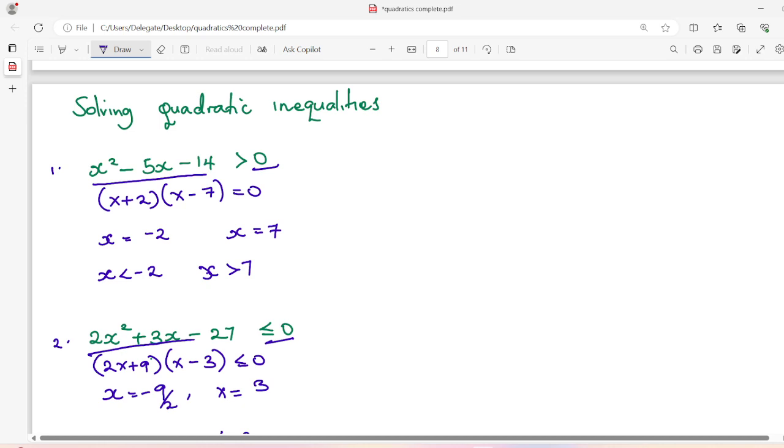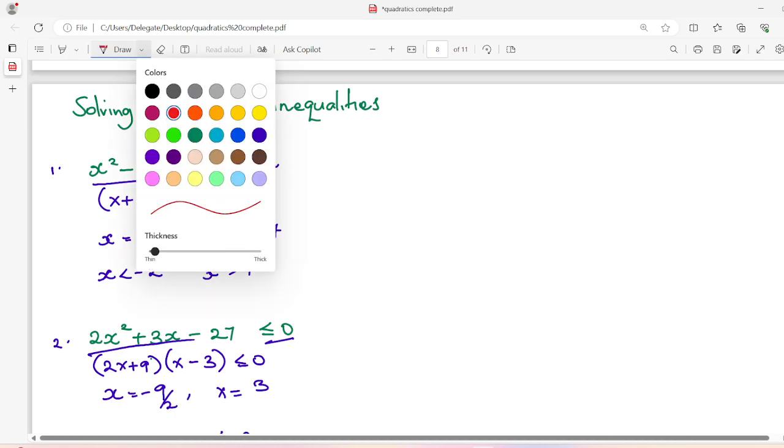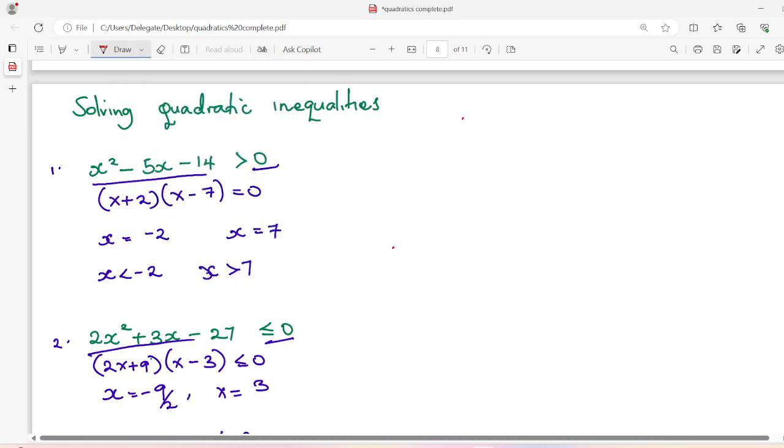When they say greater than 0, we are interested in the region where our quadratic graph is above the x-axis, because from the x-axis upwards, we know that y is positive. So meaning here the critical points, your determining points, is that you need to know when your quadratic graph, this is my quadratic graph.